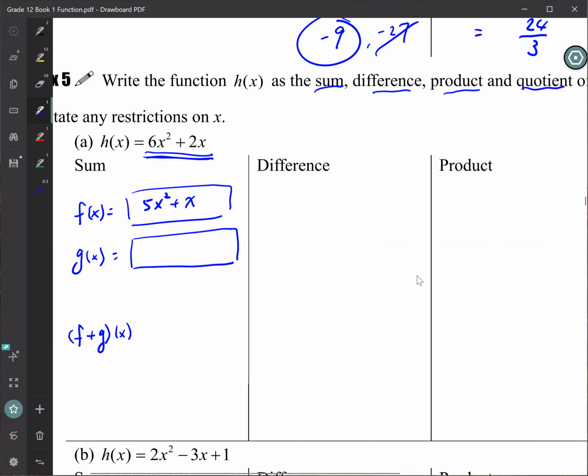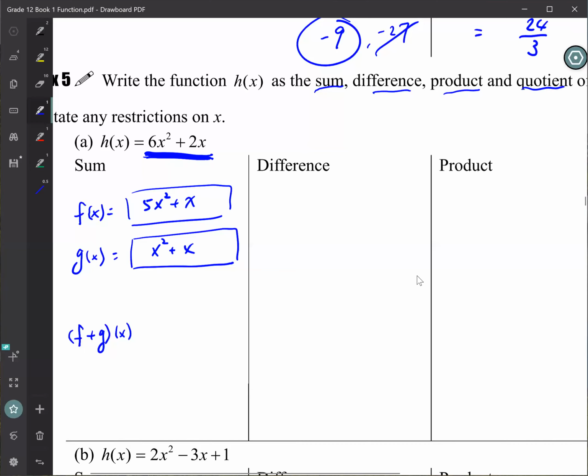Okay, and then what about g of x? We need them to add up to 6x squared plus 2x. We need them to add up to h. X squared plus x. Yeah, very good. It's not too hard. You just need to make up one and then try to get the other one.